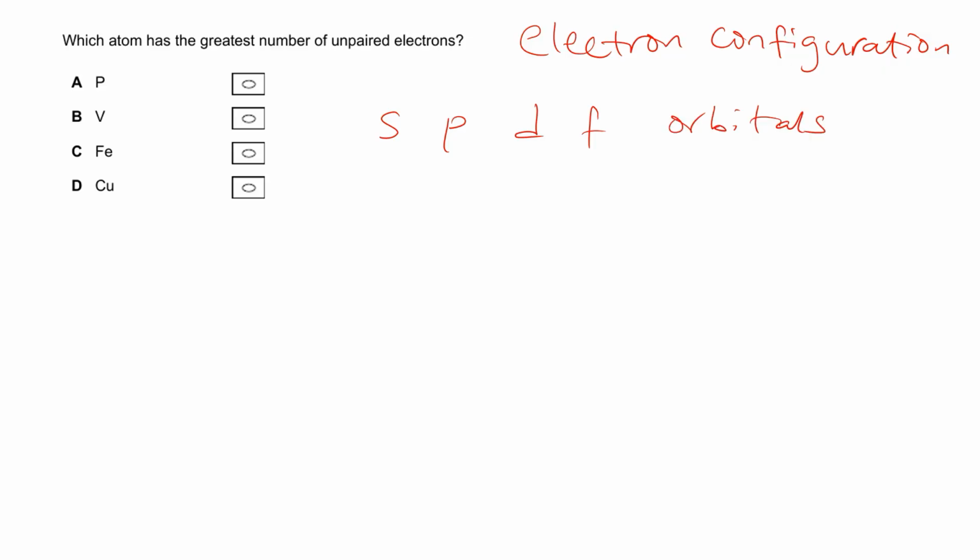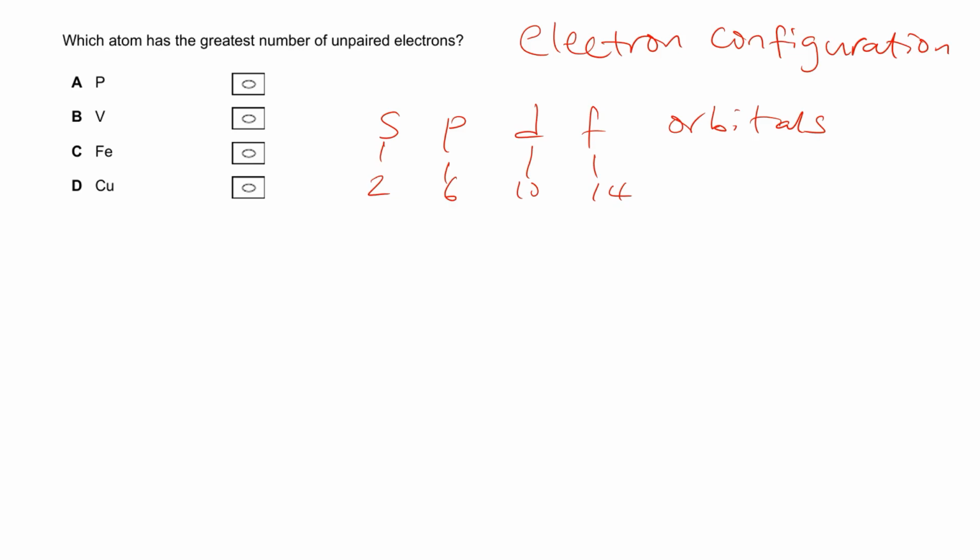And each of these orbitals has a maximum number of electrons that it can hold. S can hold a maximum of 2 electrons, P a maximum of 6 electrons, D a maximum of 10 electrons, F a maximum of 14 electrons. And we have different energy levels or shells.